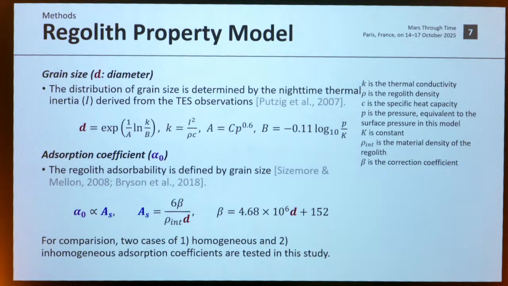And the second point is that adsorbed water mass increases toward 50 degrees in the north and 60 degrees in the south from the equator. Let me explain more about the temperature effect.